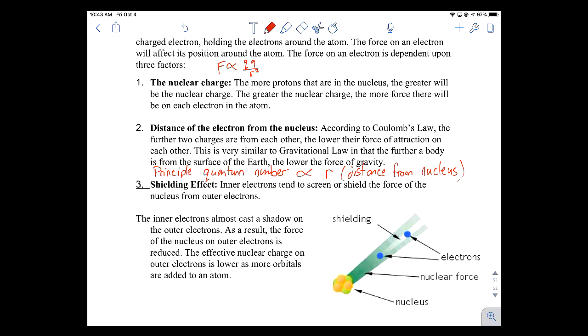Shielding is the idea that if you fill a shell, then that shell will absorb these first two forces, and reduce the total effect of number one on the next electron. That's the idea. Inner electrons tend to screen or shield the force of the nucleus from the outer electrons.